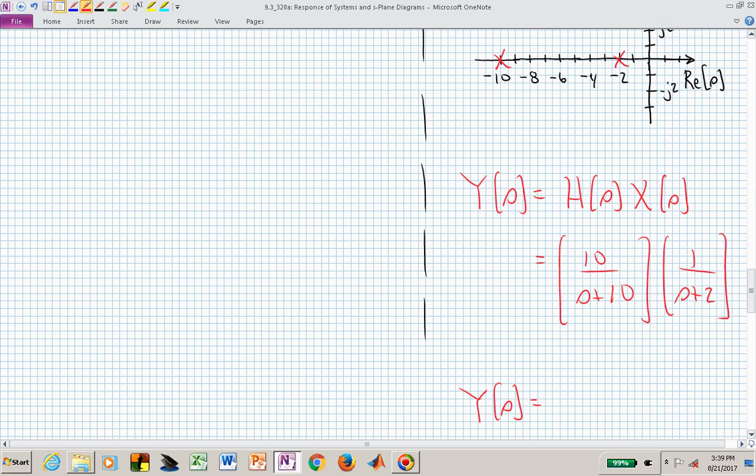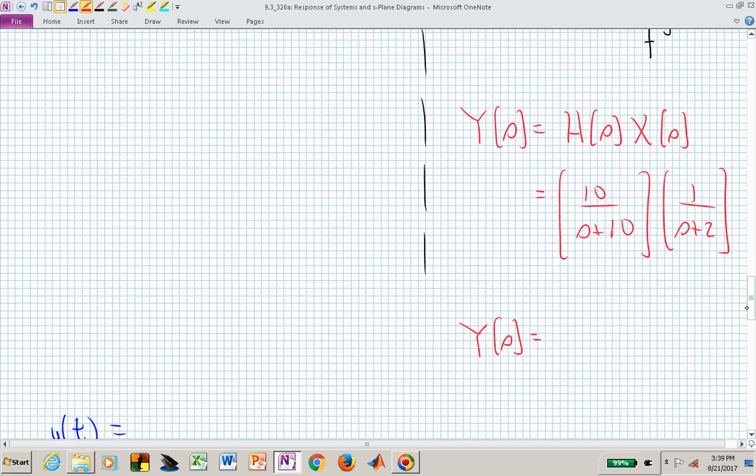So let's now look at inverse Laplace transforming y of s.